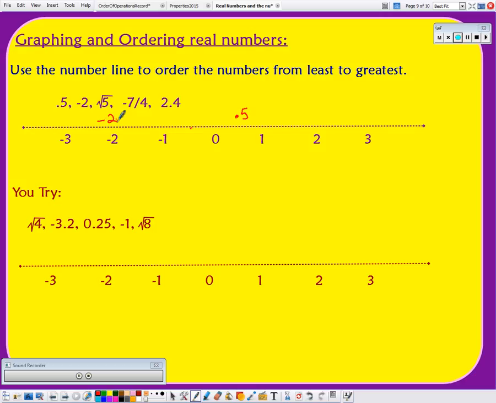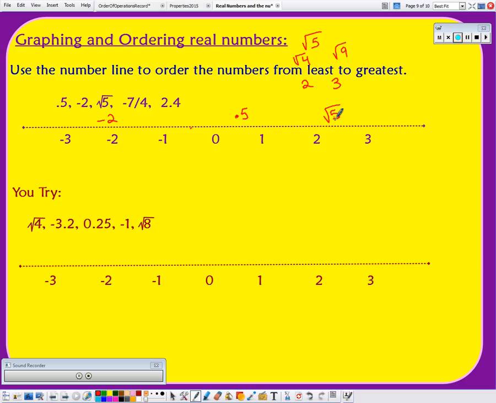What about the square root of 5? Well, we said earlier that the square root of 5 is between the square root of 4 and the square root of 9. So that's between 2 and 3, and it's closer to 2. So we're going to put the square root of 5 about right there. What about negative 7 over 4?